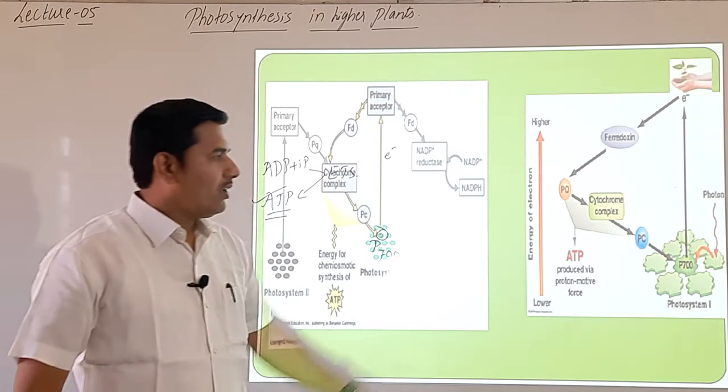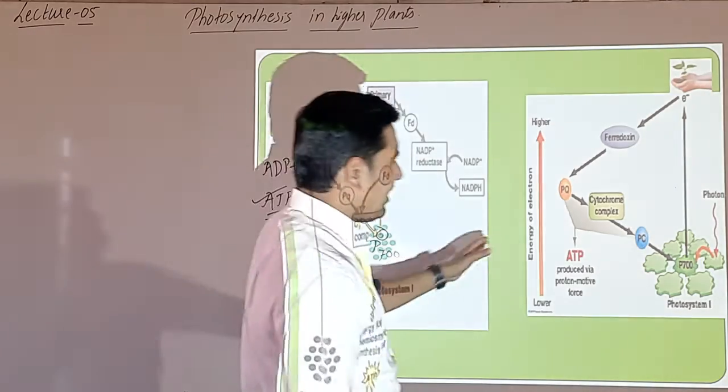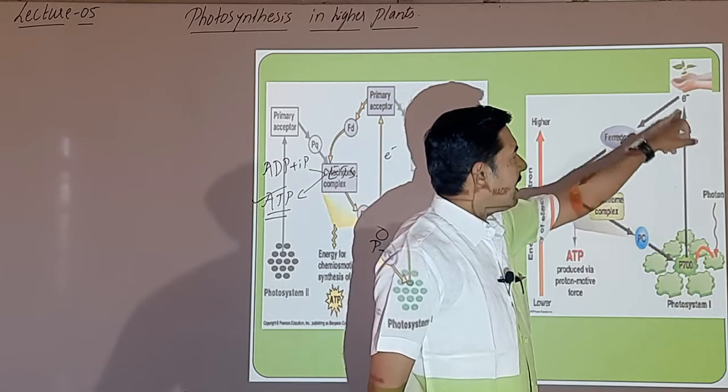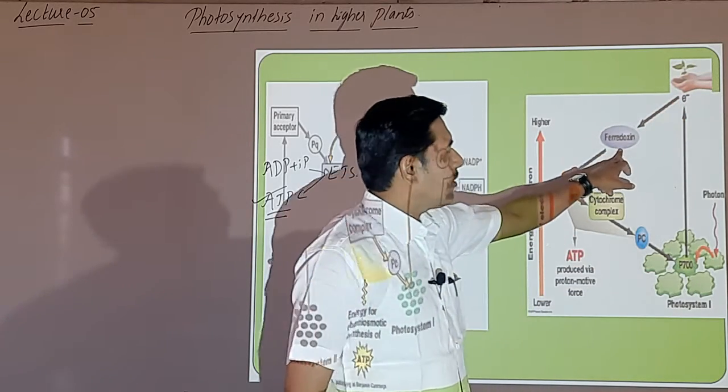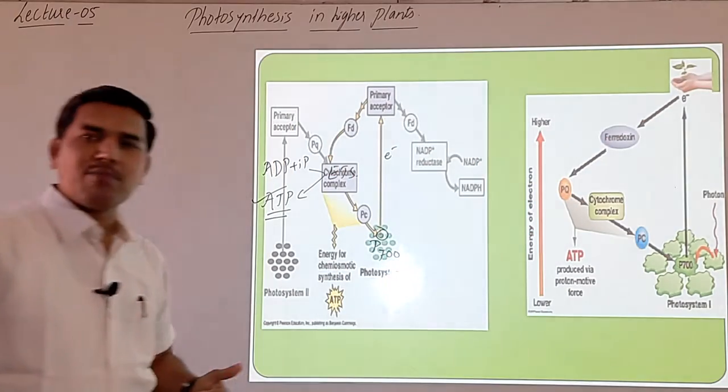Okay, so there you can better understand. Everything is the same. Again, when light falls, electrons jump and enter the intermediate compounds. There are many intermediate compounds here.